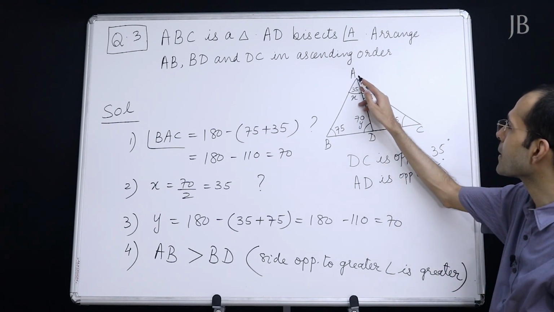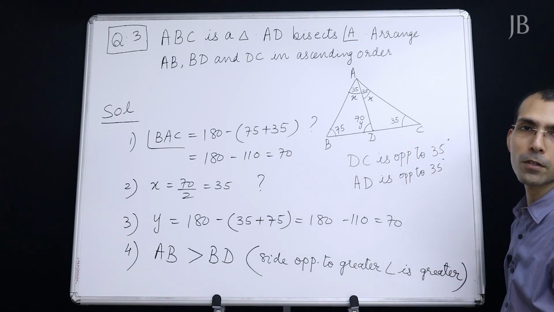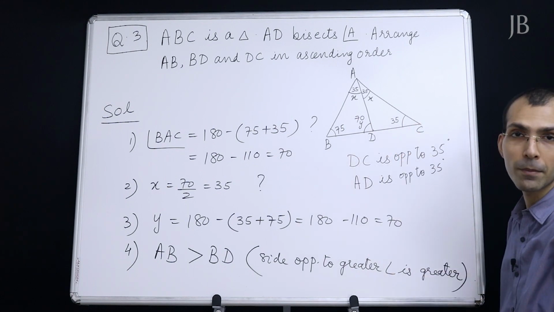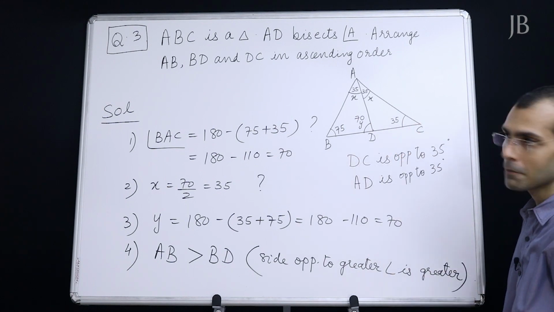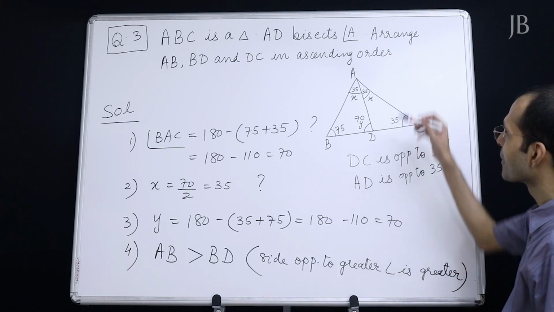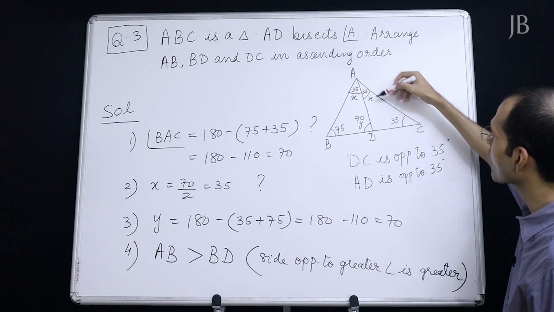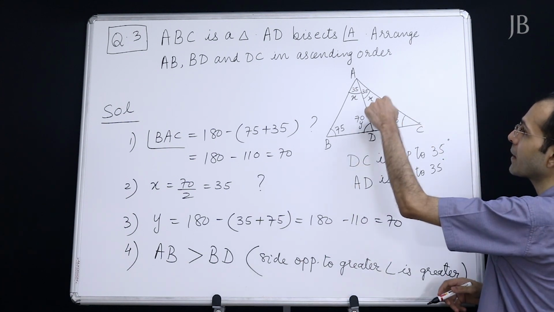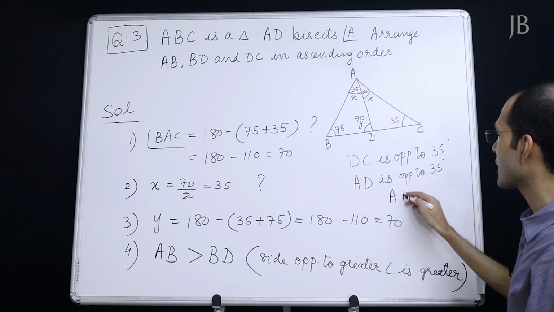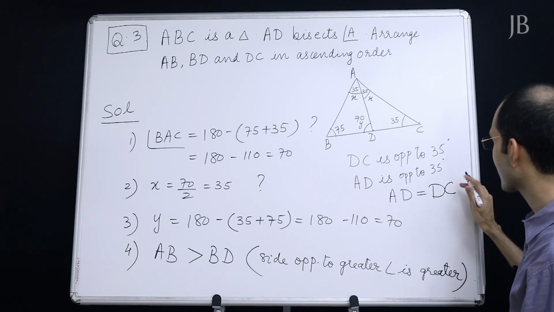So what will be the relation between AD and DC? Who will be greater? Nobody. Both will be the same because AD is opposite 35 degrees and DC is also opposite 35 degrees. You have to look in one triangle at a time. So this implies that AD equals DC.